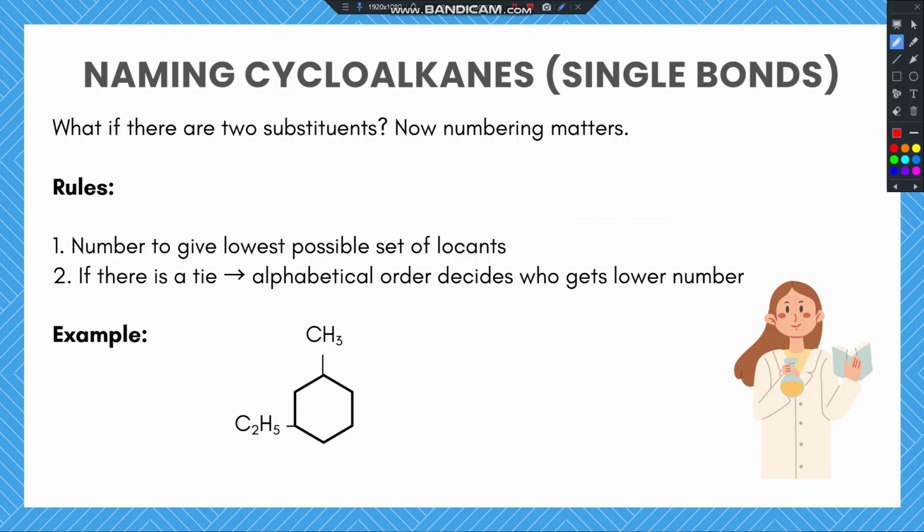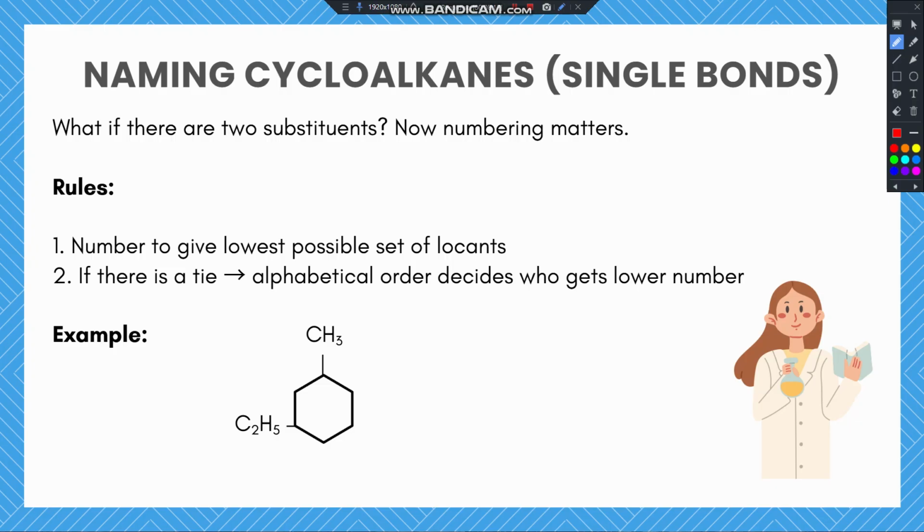On the screen right now, I have an example. This is a cyclo compound. Not just a cyclo compound, there are some substituents or branches. We have one branch over here and another branch over here. So the question becomes, how do we count the carbon atoms? Well, the first rule says to give the lowest possible set of numbers to the carbon atoms that carry the branches.